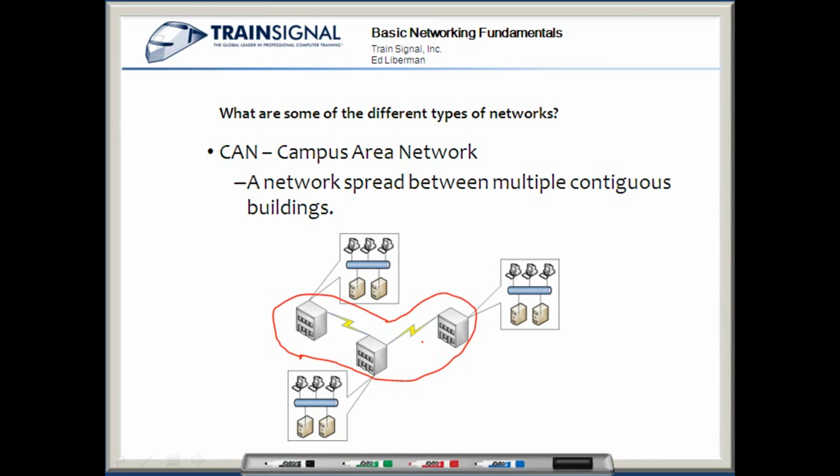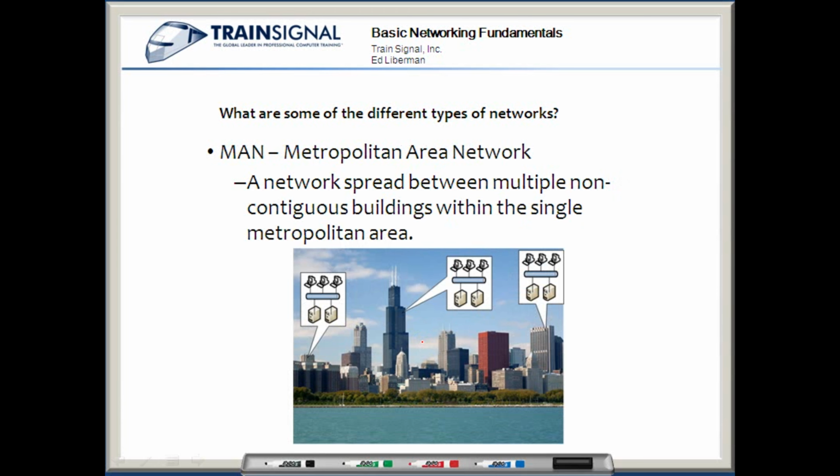Now, if we move away from the CAN, or the campus area network, we move into the MAN, which stands for Metropolitan Area Network. And this is a network spread between multiple non-contiguous buildings, but we stay within a single metropolitan area. So down here you'll see that I have a nice photograph of a beautiful metropolitan area.